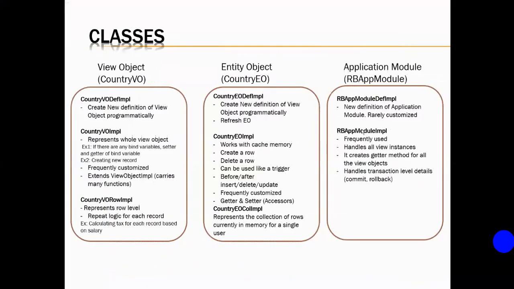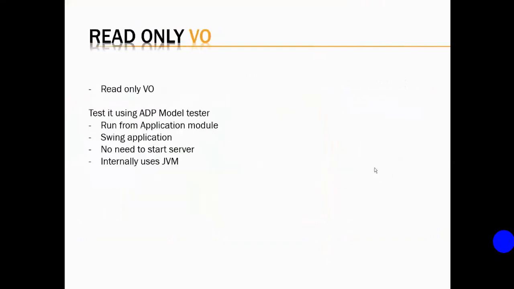So this application module implementation class has references to all those view instances. With the help of a view instance, you can refer to a view object to pull data. When I talk about database data, it resides in the view object. To pull data out of the view object, we should have the view instance. If we have the view instance, then we can work on any data in the application. So the application module has the ability to refer to all those view objects and pull data in the application. Also, the application module has a data control, as I was telling before.